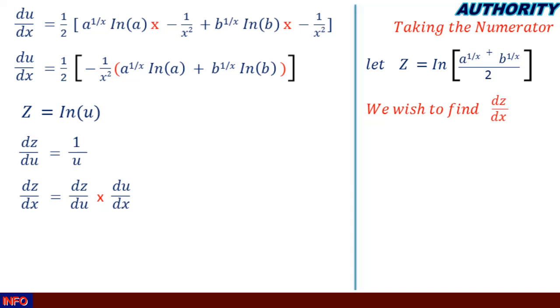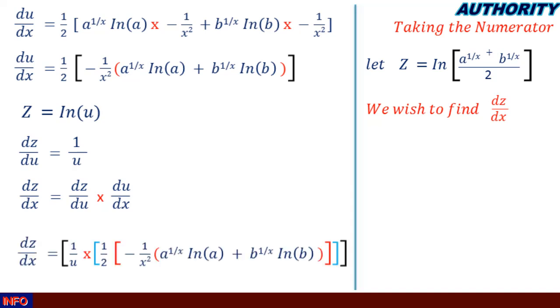All right, good. Now let's bring these two together, where we have multiplied them. Bringing them together, we see that dz/dx is equal to the first part we just differentiated, which is dz/du. What we have is 1 all over u, then multiplied by the du/dx that we just differentiated.